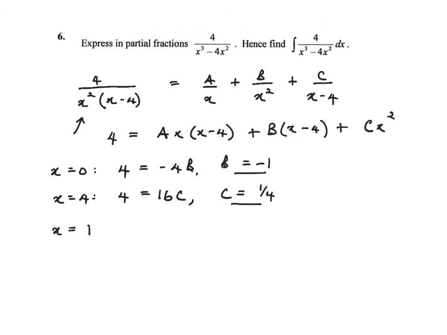x equals 1. So I have 4 equals minus 3A minus 3B plus C. So 4 equals minus 3A plus 3 plus 1/4.